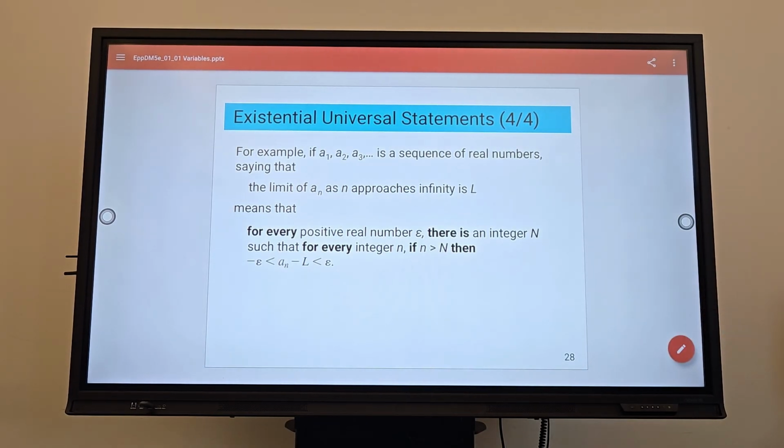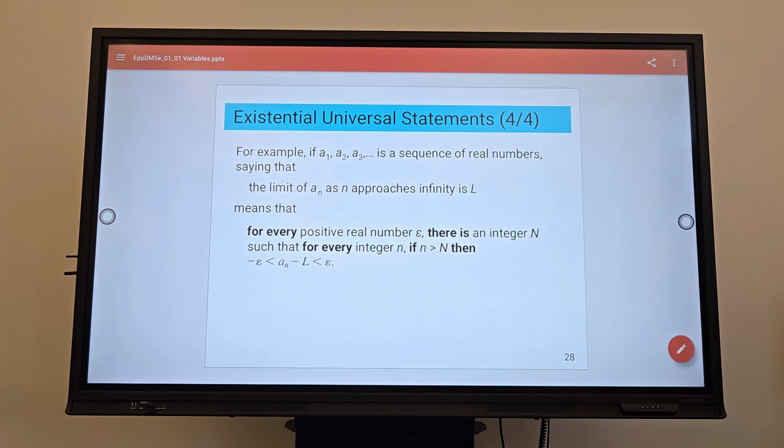The limit of a sub n as n approaches infinity is L means that for every positive integer epsilon, that's universal, there is an integer N, existential, such that for every integer little n, again universal, if little n is greater than big N, then that equation is true.